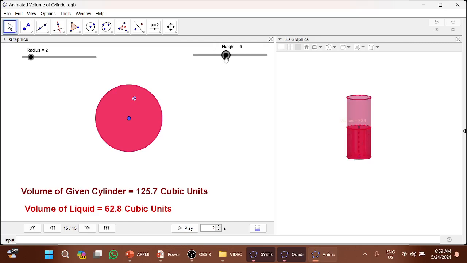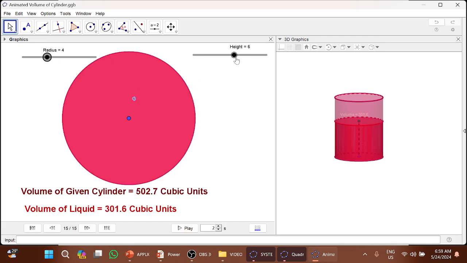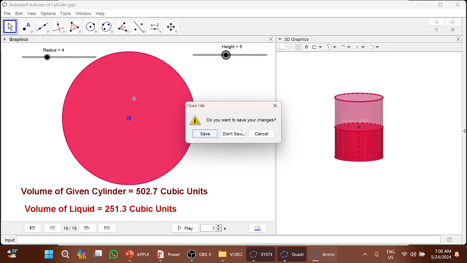When you show this height, for example, I am just showing the radius, and you can draw the height. Then the volume of the given cylinder and the volume of the liquid are also shown there. At one spot you can stop and ask the child: when the radius is 4 and the height is 5, find the volume of the liquid. Like that you can have. Really interesting.